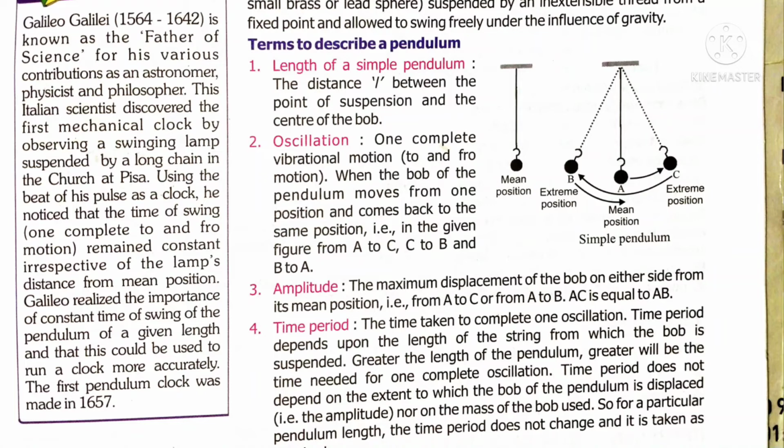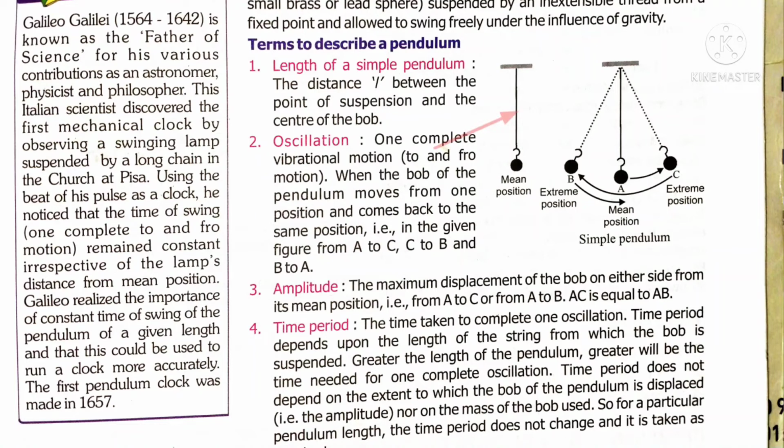There is one important thing to be remembered. When the length of the thread to which the bob is attached is longer, that is, the length of the pendulum is greater, then the time taken for completing one oscillation will be more.